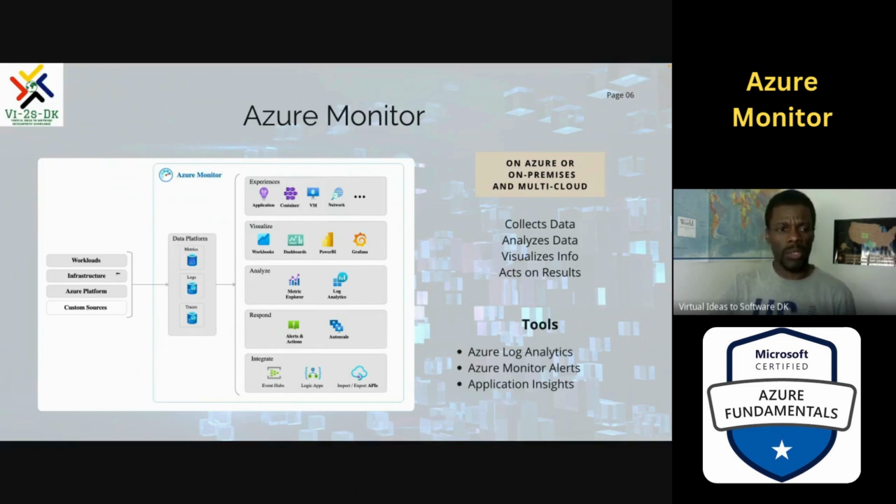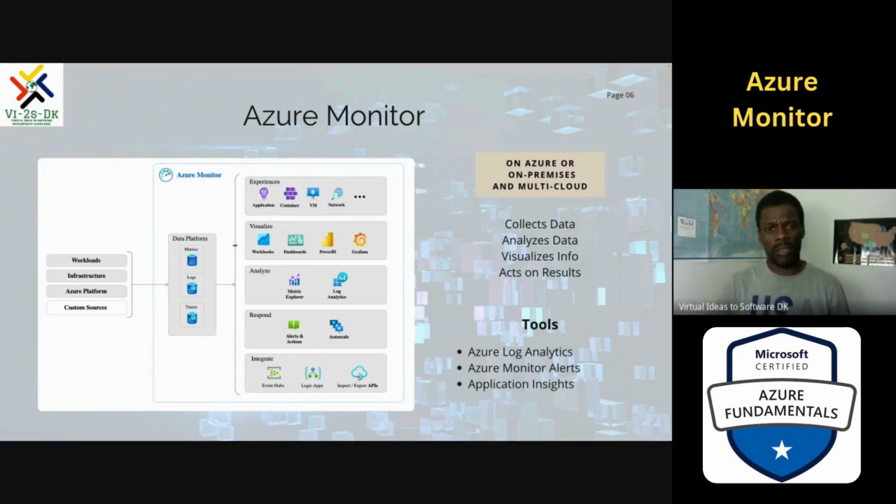So all of these workloads come in as an input. You have infrastructure on Azure platform or different other sources. Okay, they get saved in data platform, depending on where you want to save it. These are all databases. Okay, once it's saved, the metrics, logs, and traces are all analyzed. It could be in real time, it could be accumulated, and run in a batch process.